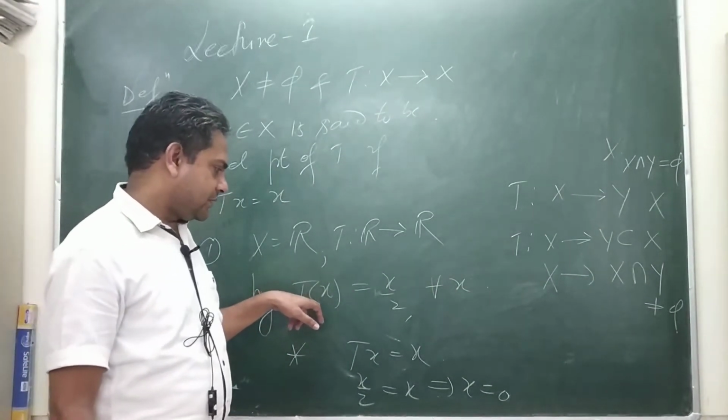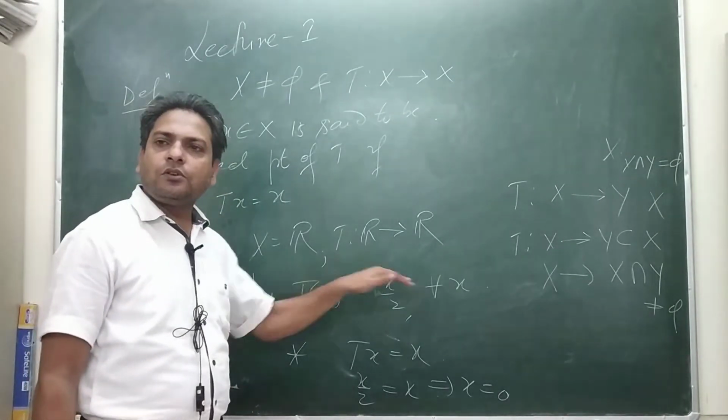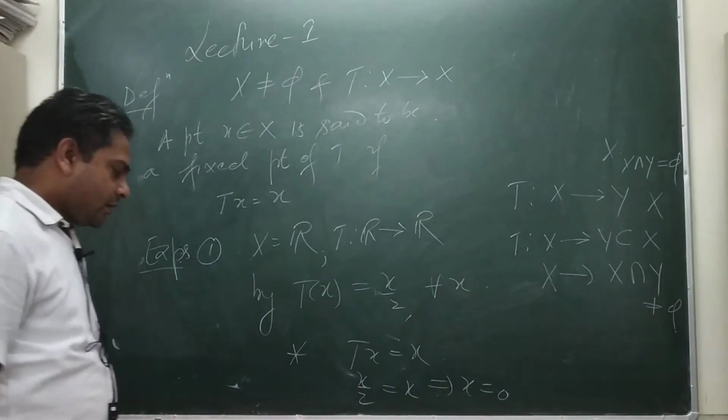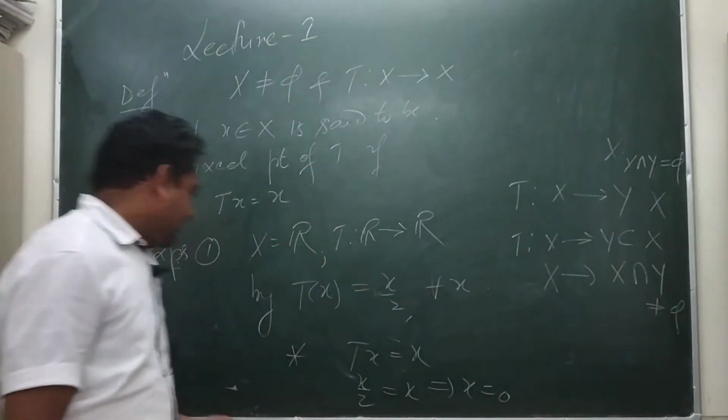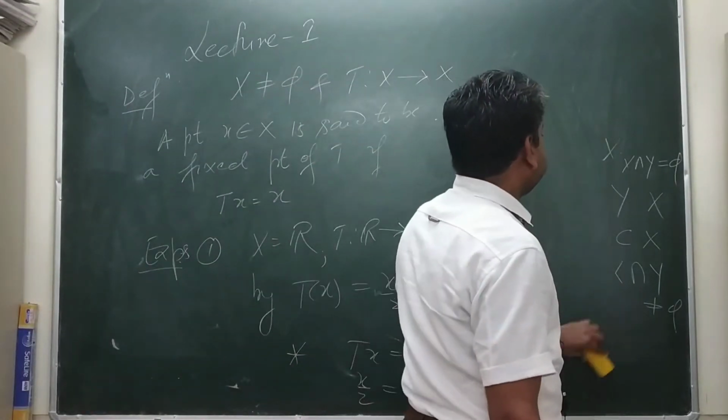From the definition of the function, T(0) is 0, meaning 0 goes only to 0 under this map. This is one example, and there is no other fixed point of this map.